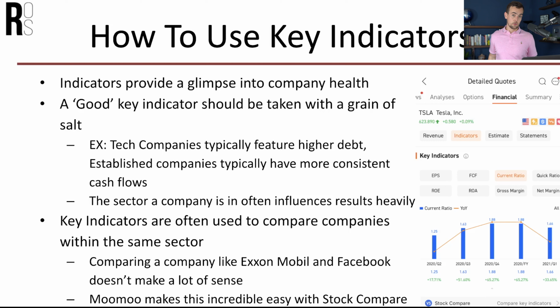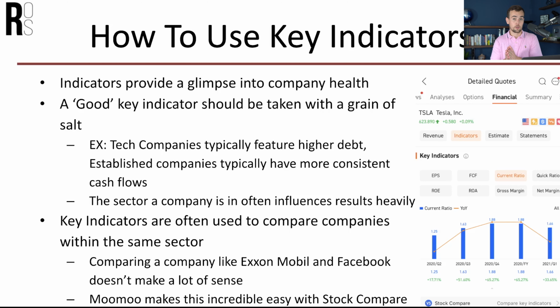Facebook is being valued a lot based off of their DAU and MAU and their active users, right? ExxonMobil is being valued based on so many other factors, gas stations or distribution channels. It's not a fair comparison, and it's not a useful comparison to look at the PE of ExxonMobil compared to Facebook.